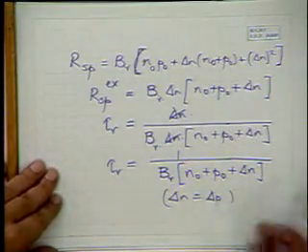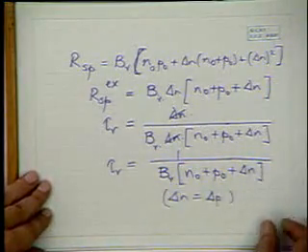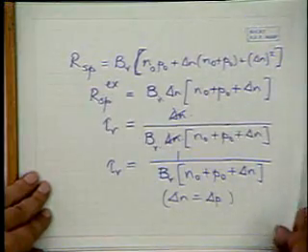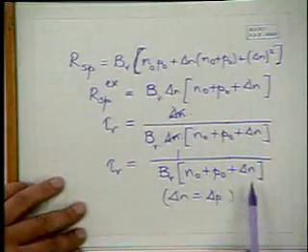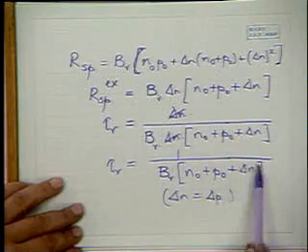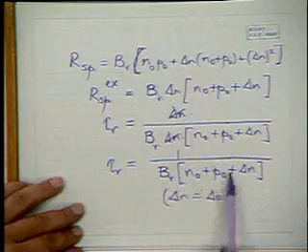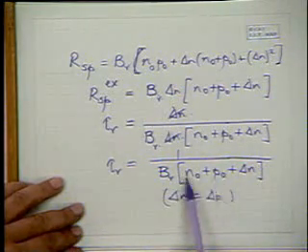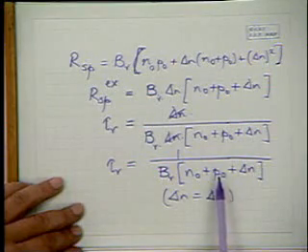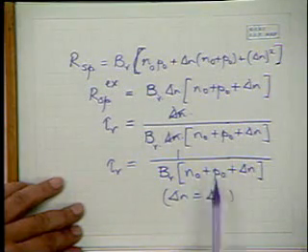Now, we can have different conditions depending upon whether the excess carriers delta N are large or small compared with the background carriers. N0 and P0 are the electron and hole concentrations without excitation.